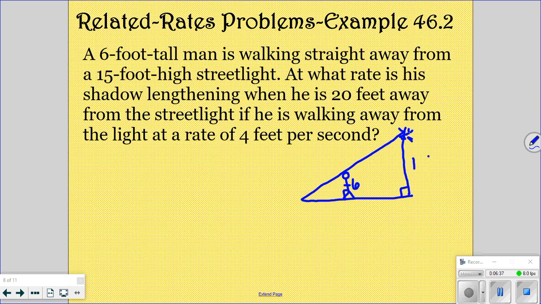And the streetlight is 15 feet. And so we want to know about the distances down here.